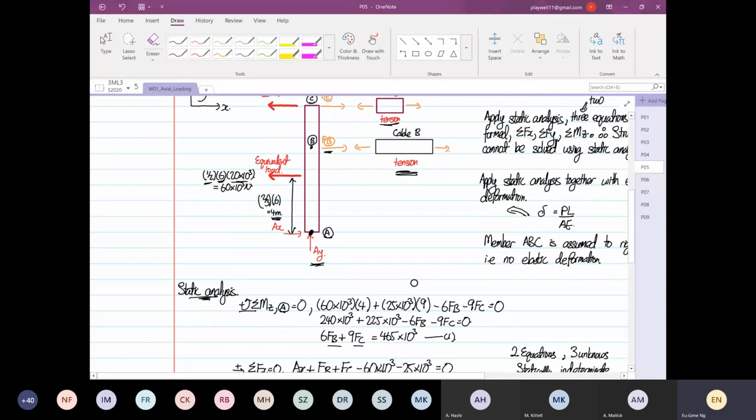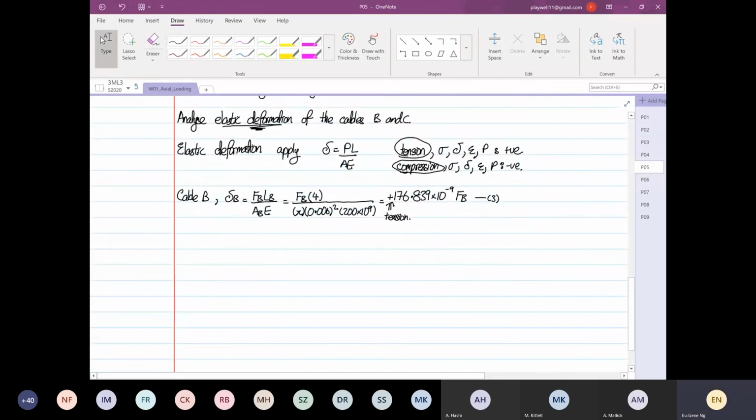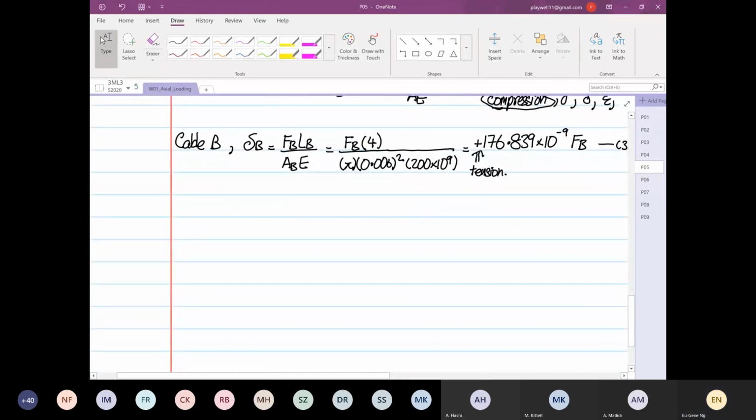And then at cable C, the deflection of C is equal to FC LC over AC divided by E. So everything is the same except FC. Now the length is what? 2. The rest of the expression is still the same. The cross-sectional area is the same.